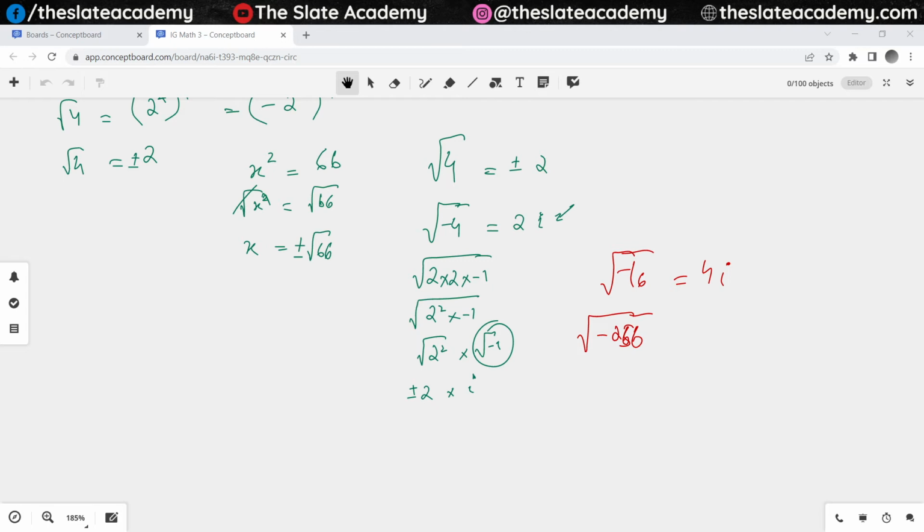Okay, let's do cubes now. Cube roots. So I have the cube root of 8. What would that be? You can check on your calculator as well. There are two ways.